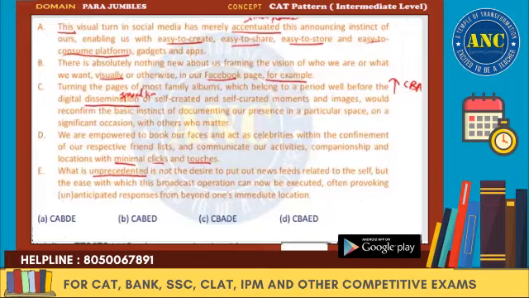What is E saying? What is unprecedented, that is what is happening for the first time, is not the desire to put out news feeds related to the self, but the ease with which this broadcast operation can now be executed, often provoking anticipated or unanticipated responses from beyond one's immediate location. Now this sentence is a good way to conclude, because he's saying that the fact that everything has become so easy to do will now create or may create a problem.